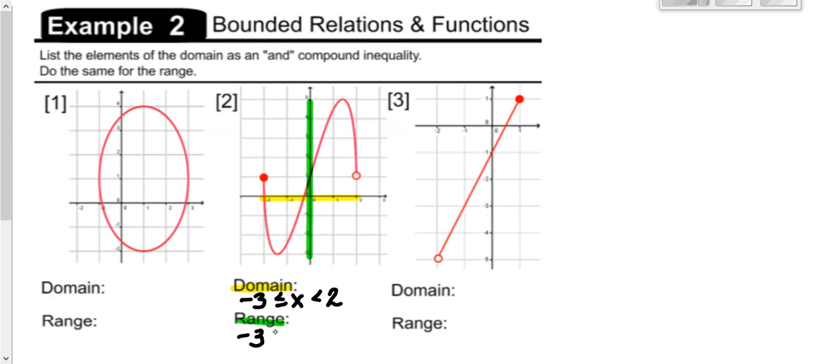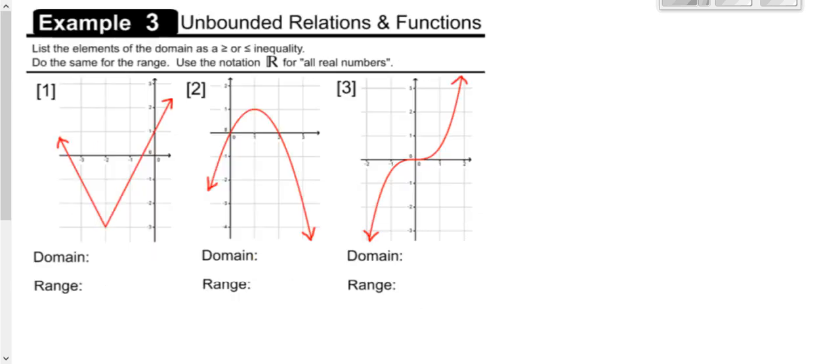So I'll have -3 is less than or equal to all my y values, and all my y values are less than or equal to my max y value, which is 5. Okay, so we're going to look at our last type of example, and then you should go back and complete the rest of the graphs in your booklet.